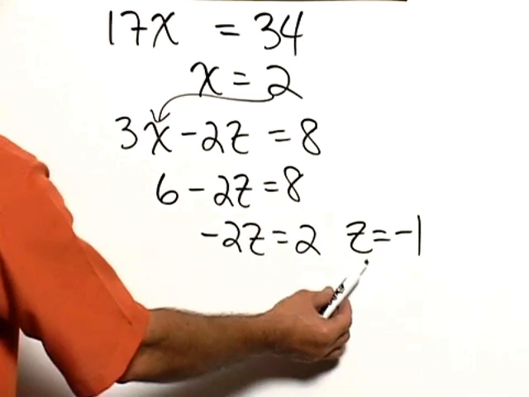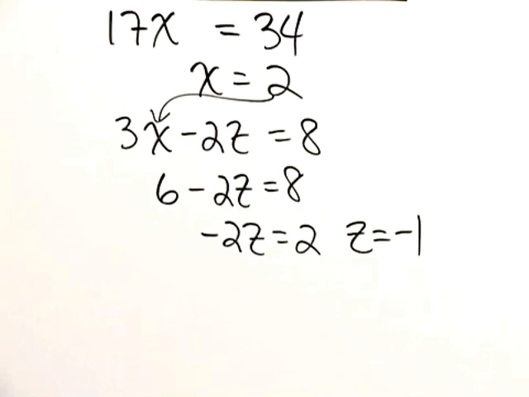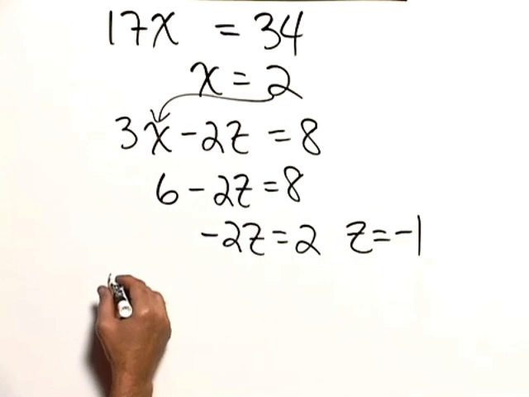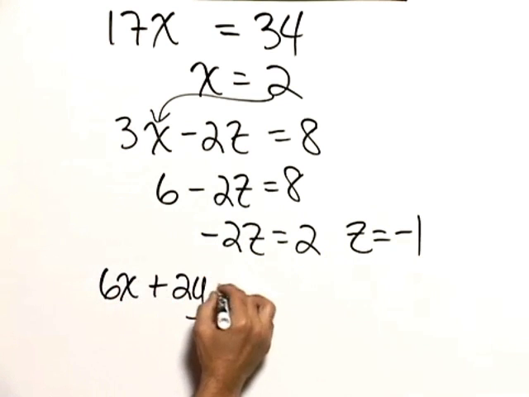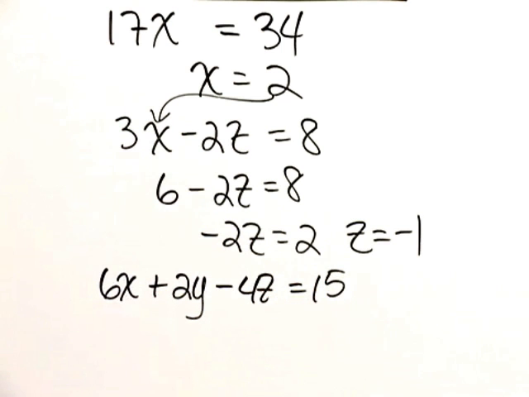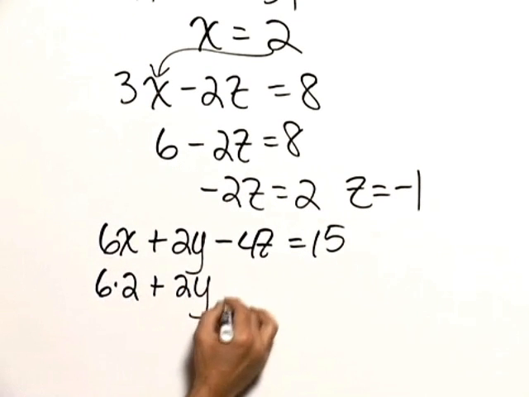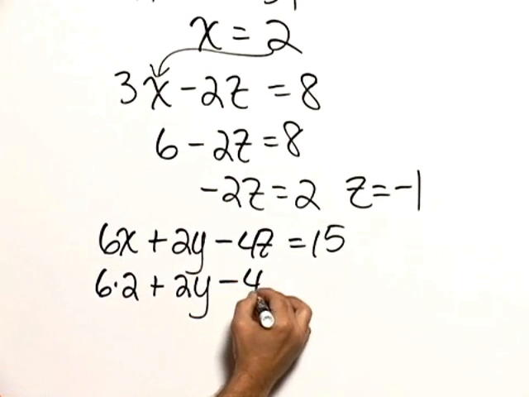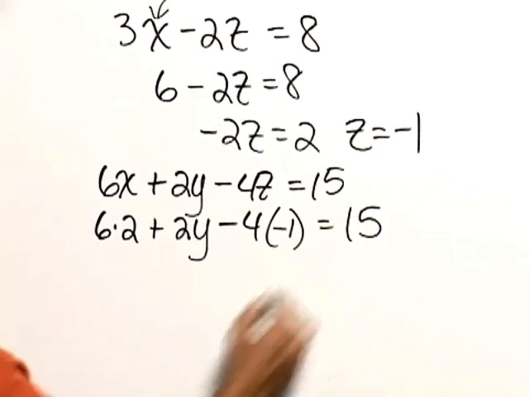Now we use the value z equals negative 1 along with the value x equals 2. We substitute that into one of the original equations. We have 6x plus 2y minus 4z equals 15. X is equal to 2. We don't know y. Then it's minus 4 times z, which is negative 1, equals 15.